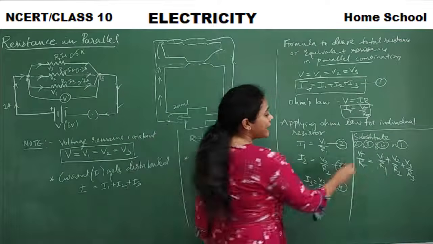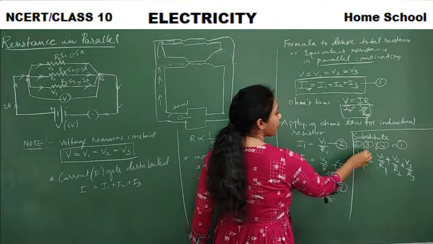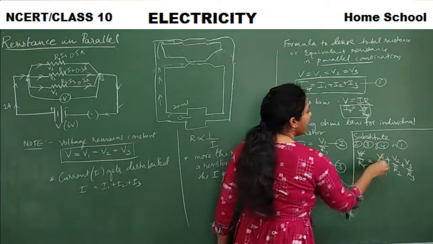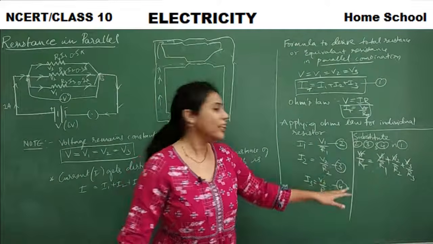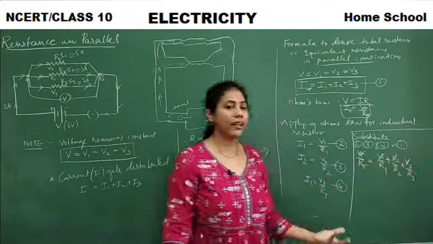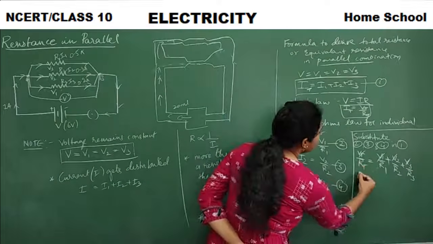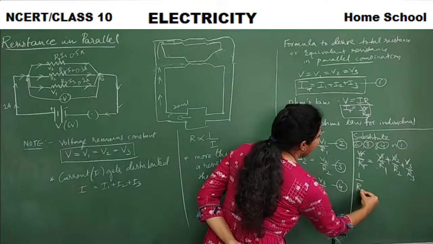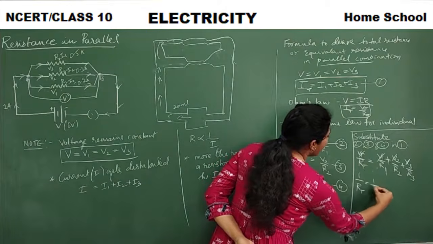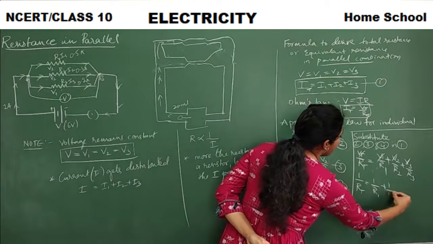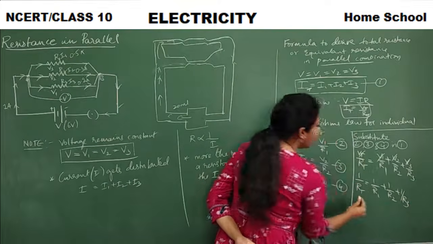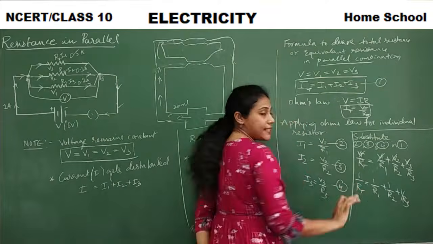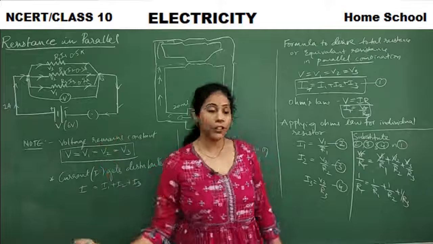Here, Vt, V1, V2 and V3 are the same, constant, so you need not consider them. Instead, we can write 1 by Rt is equal to 1 by R1 plus 1 by R2 plus 1 by R3. This is the total resistance in the circuit.